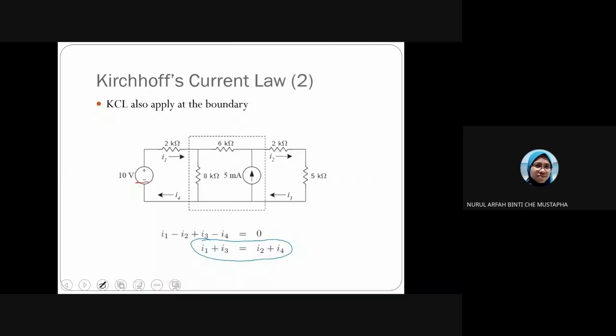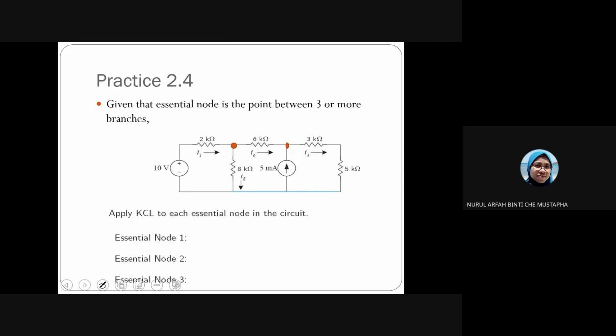So, figure out how many branches actually are at the boundary. One branch, third branch, and fourth branch. So you have four over there. Four elements need to be added equal to 0. Okay. Three or more is the definition of essential nodes.